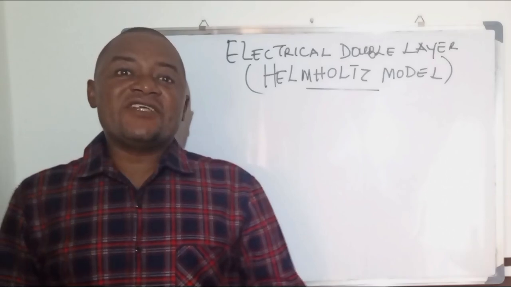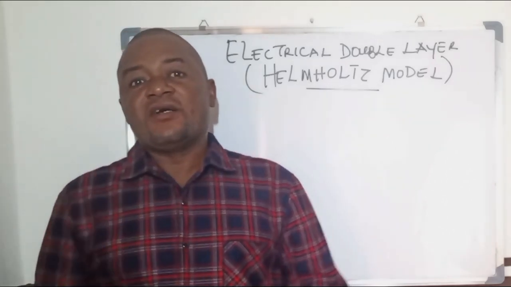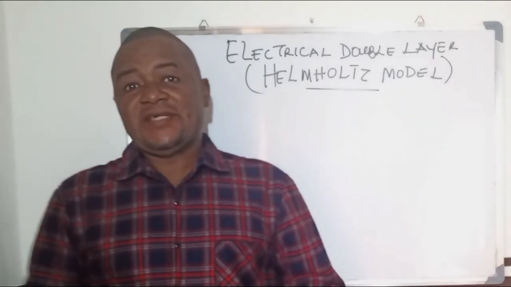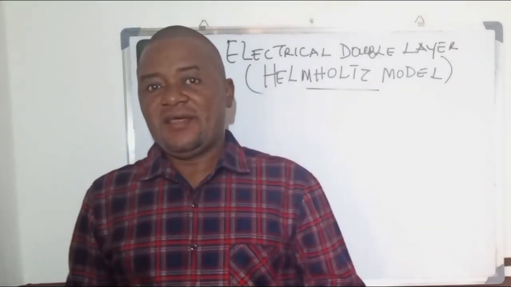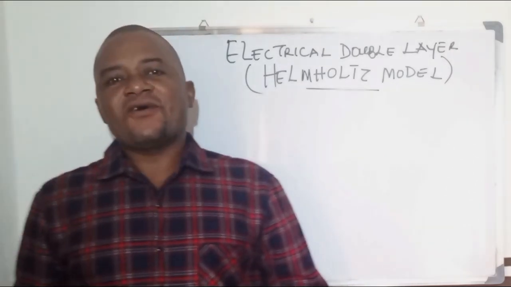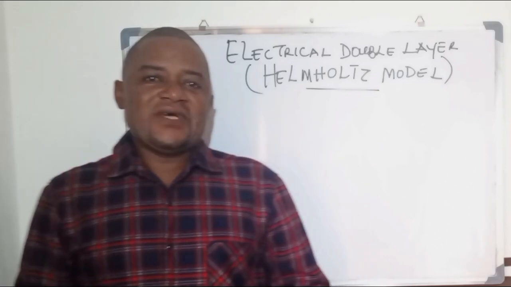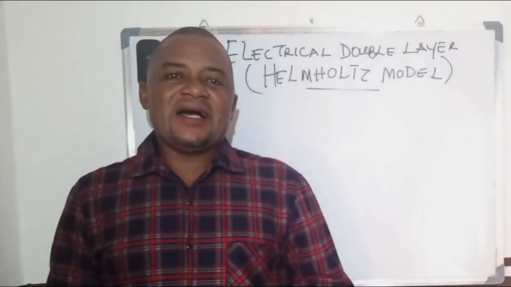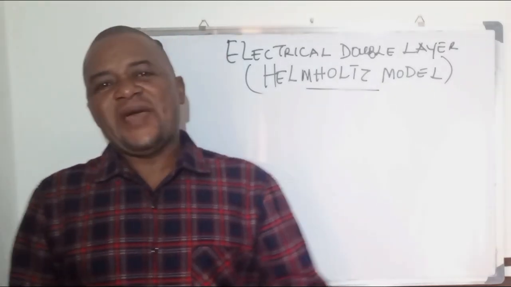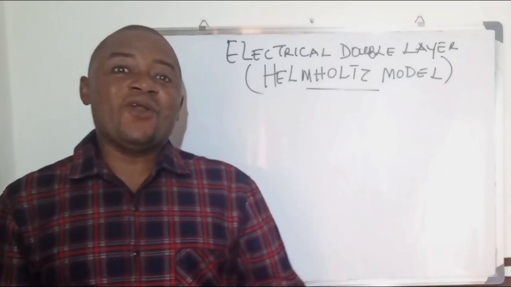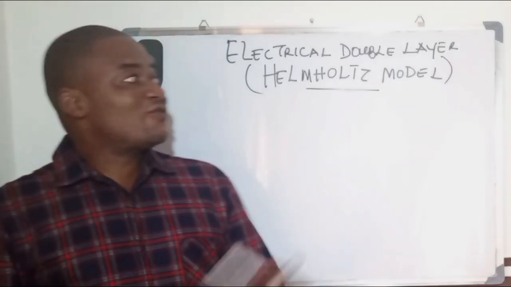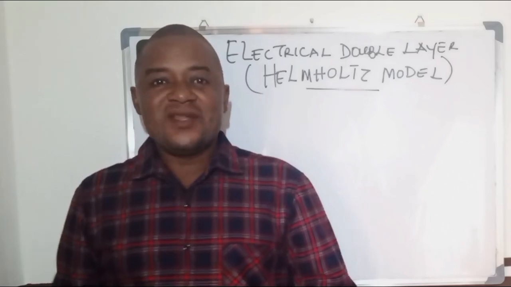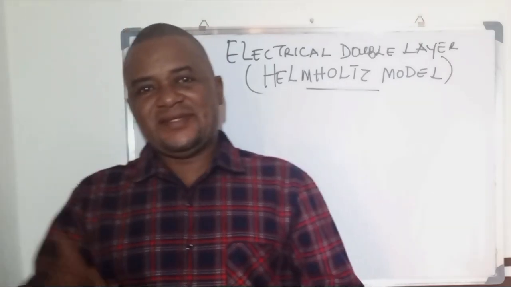You can find the electrical double layer being discussed under surface and colloid chemistry, and you will see much of it discussed under colloids. Colloids are creams, drugs, soaps, paints and many other things. Even the blood that you carry is a colloid, and you could find the electrical double layer playing a role in these things.